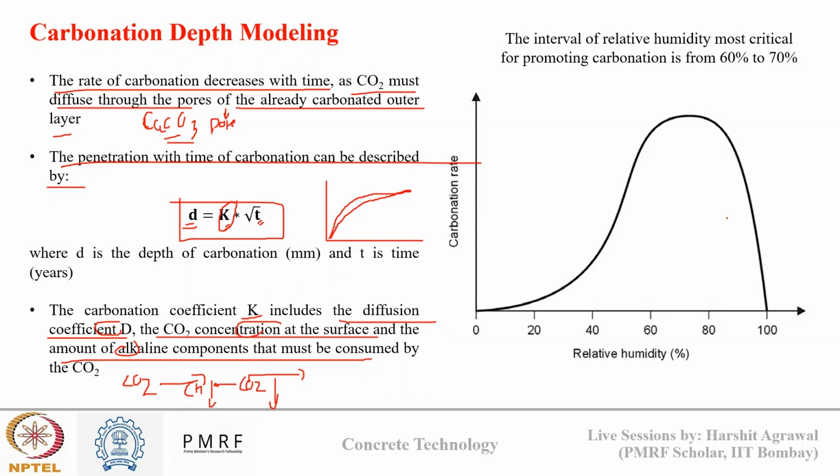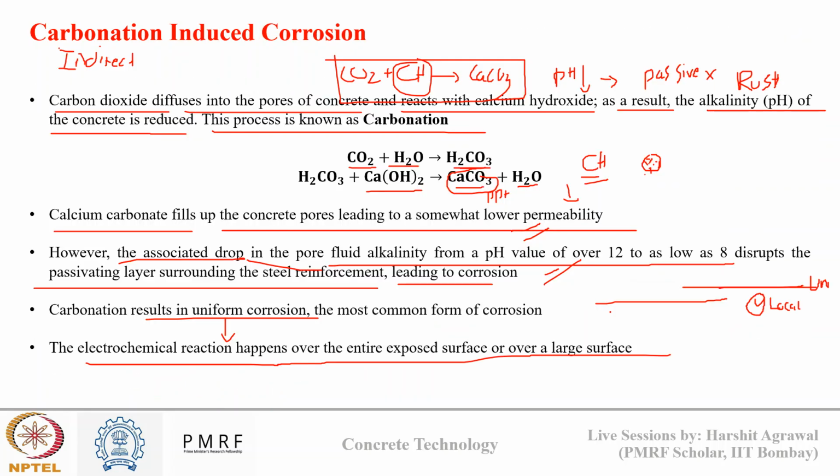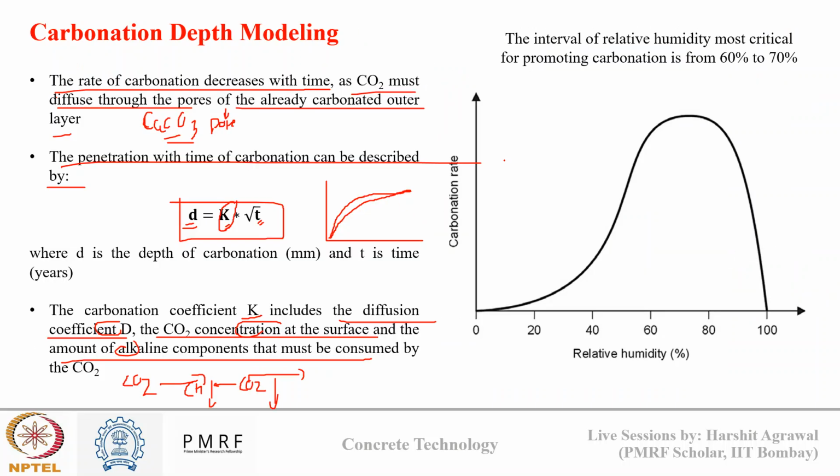In the figure here we can see one of those parameters, which is relative humidity. We have seen that water is required in the carbonation reaction, so that's why relative humidity comes into play. The interval of relative humidity which is most critical for carbonation is 60 to 70%.